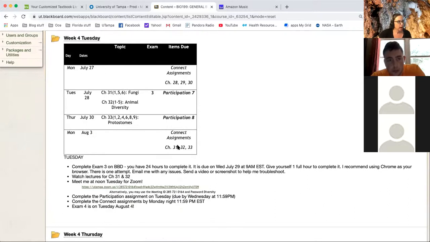We're in week 4, and we're looking now at our larger, more multicellular organisms, starting with your fungi. Then from your fungi, we'll be looking at the animal group, so we also have our introduction to animal diversity today. On Thursday, we'll introduce your protostomes, which are primarily the majority of your invertebrate organisms. The next week, we'll start with your vertebrates and the final invert groups.